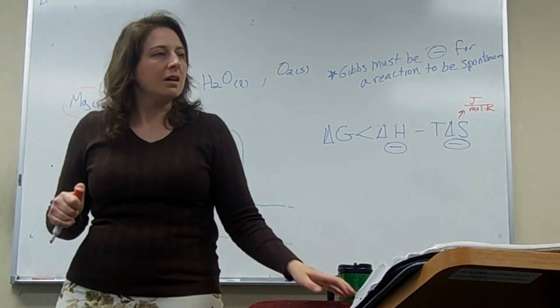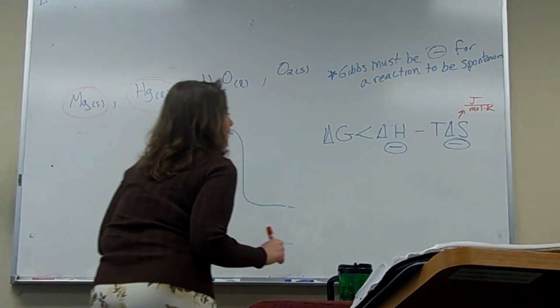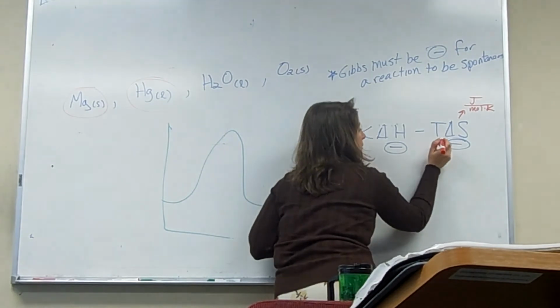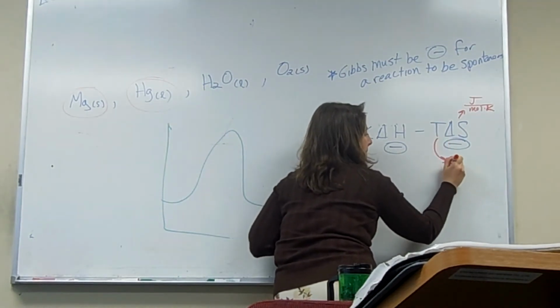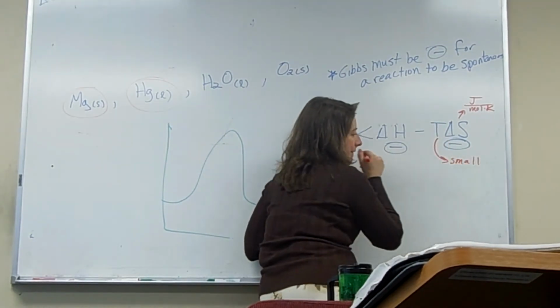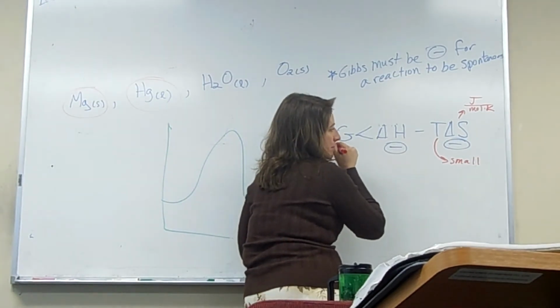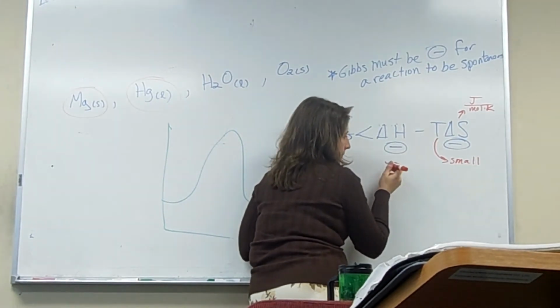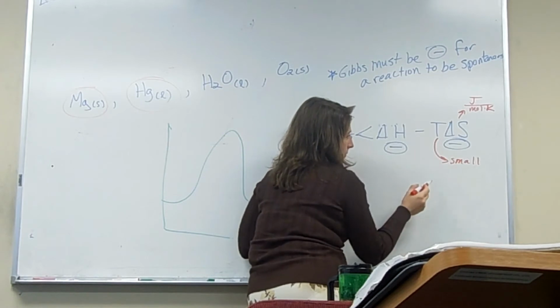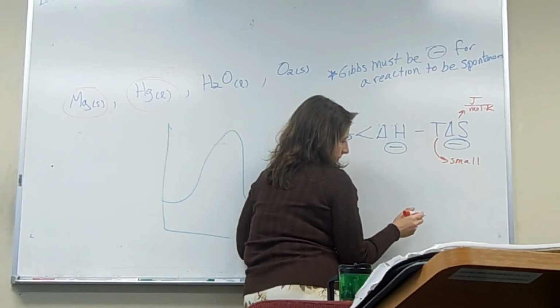I guess if you have a lower temperature and the temperature is multiplied by entropy, then the enthalpy minus the temperature times entropy will give you the negative Gibbs.